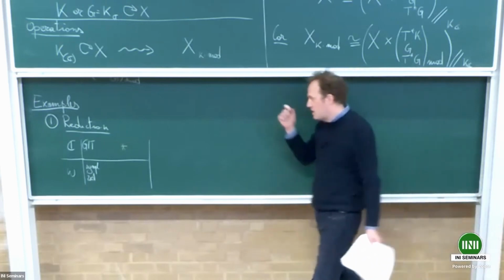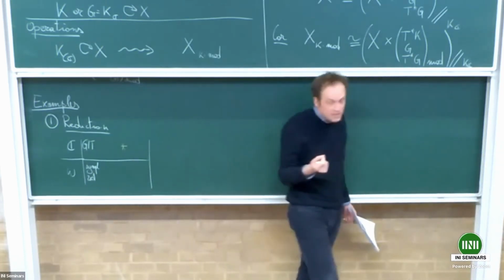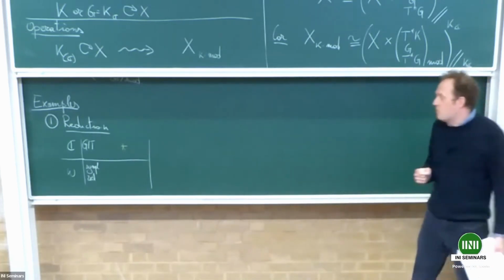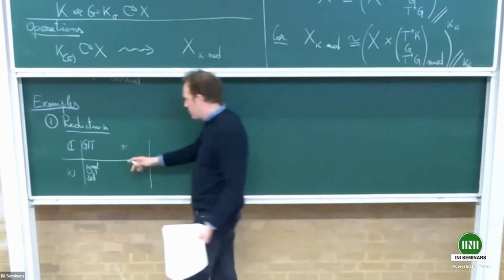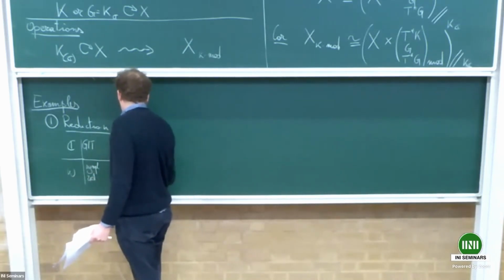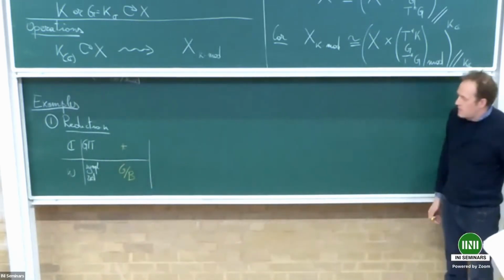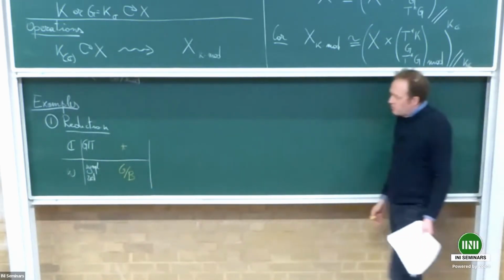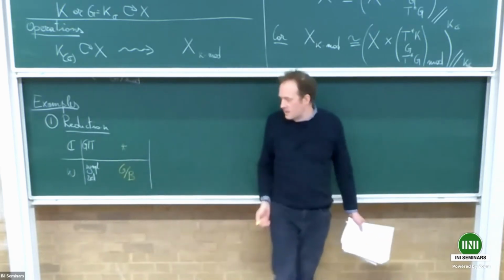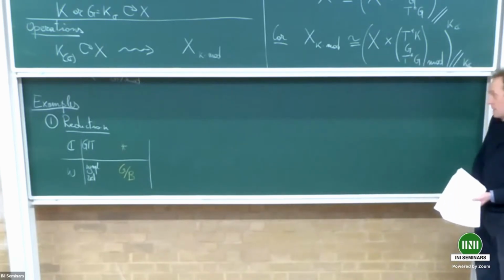You don't just have to take the level set of a point in the dual of the center. You can actually take an arbitrary coadjoint orbit. And when you do that here, you get coadjoint orbits, or in algebraic geometry, you get flag varieties. So what we see as the universal version of symplectic reduction are flag varieties. I'll write it in the algebraic geometric sense. That's what we have, coadjoint orbits for a compact group.